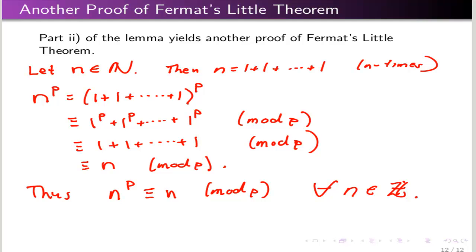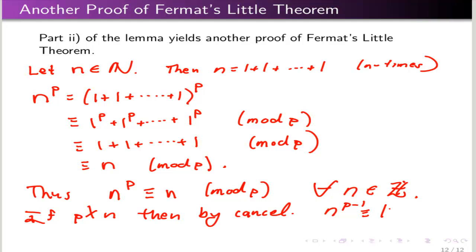In particular, if p is not a divisor of n, you can just cancel out. Then by cancellation, we get n to the p minus 1 is congruent to 1, which is the more traditional way of stating Fermat's little theorem.